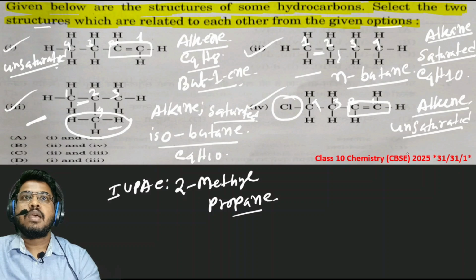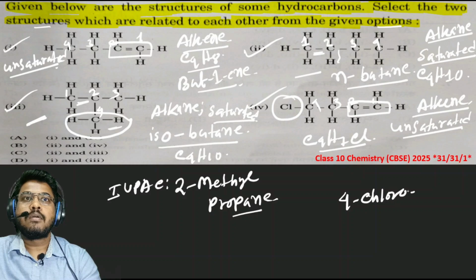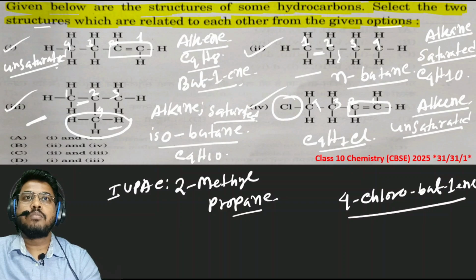Okay, and the molecular formula of this hydrocarbon is C4H7Cl, and what is the name of this hydrocarbon? 4-chloro-but-1-ene, or we can say 4-chlorobutene.